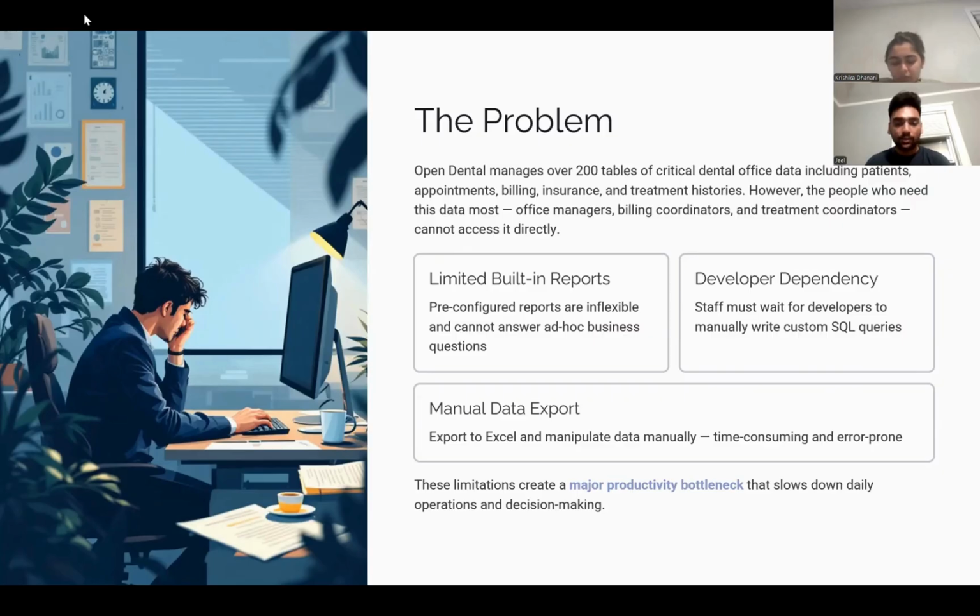They depend on limited built-in reports, which are inflexible and cannot answer business questions. This limitation creates a major productivity problem in these areas.